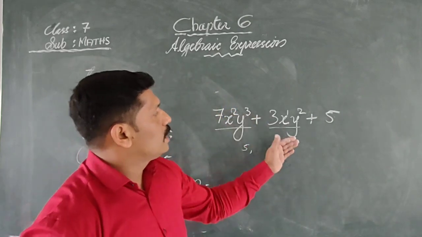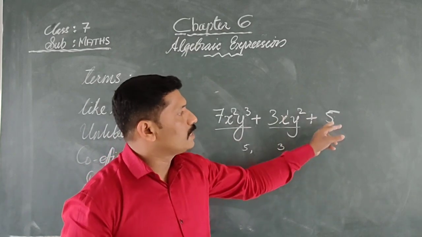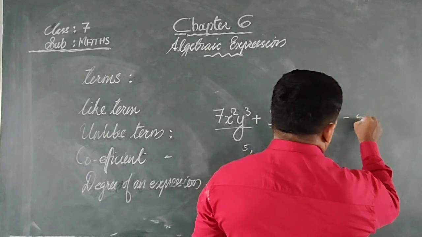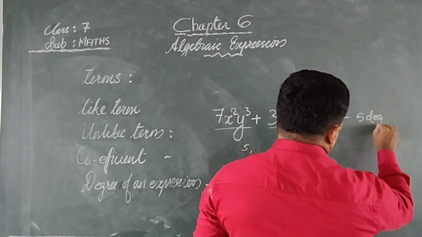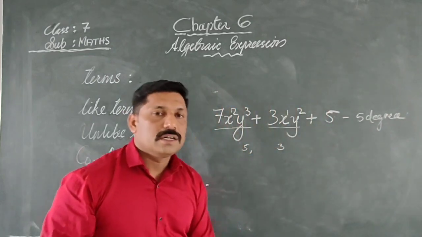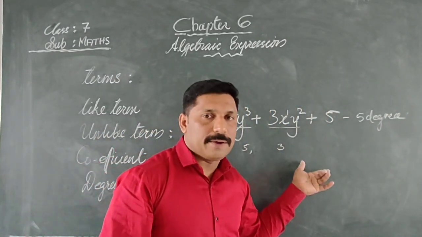That means the highest power of a term in this expression is 5. Therefore, this is called a 5-degree polynomial, a 5-degree expression. The degree of this expression is 5.